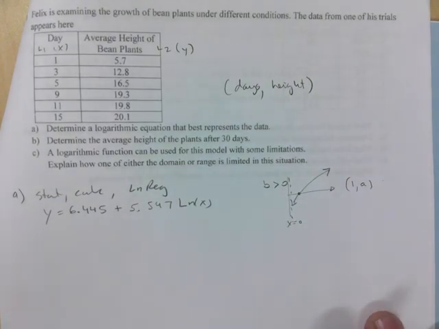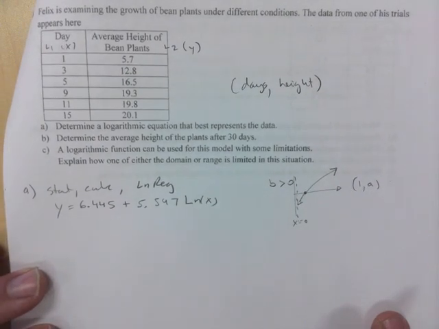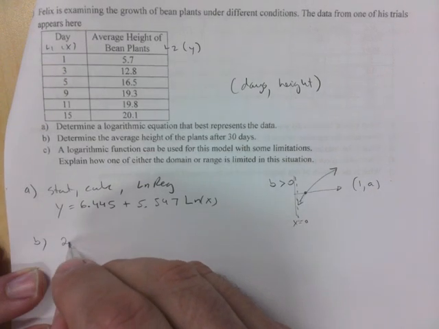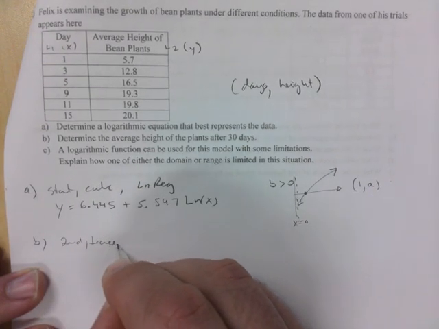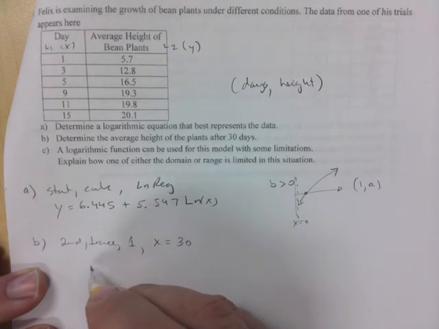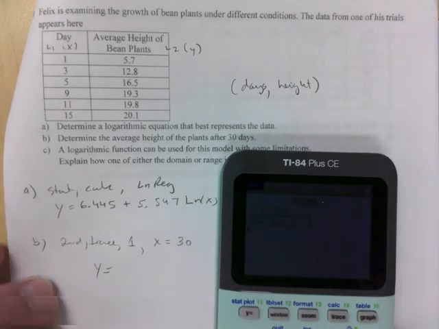That can be included depending on the context, of course. So we're not graphing, just coming up with the equation. So B would be to determine the average height of the plants after 30 days. We are given the time in days already, so we're going to figure out our y.